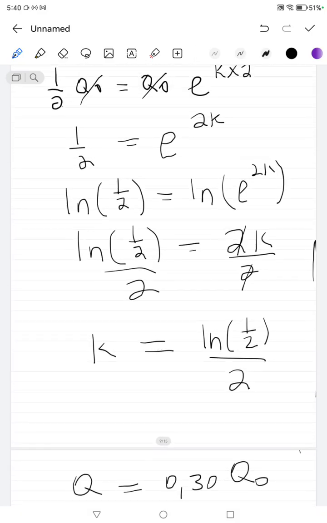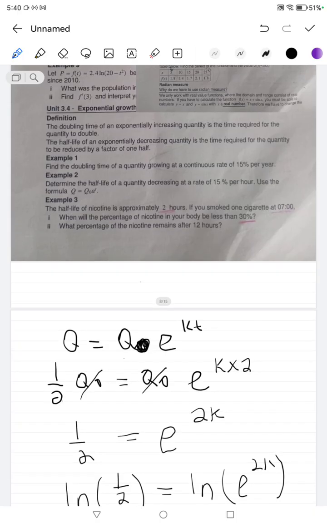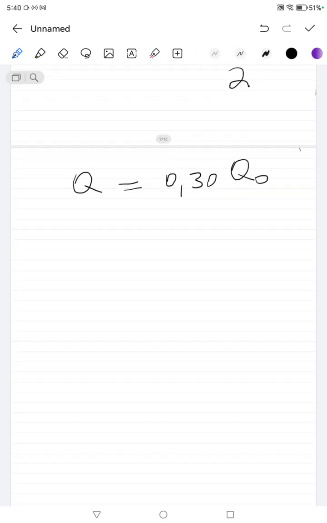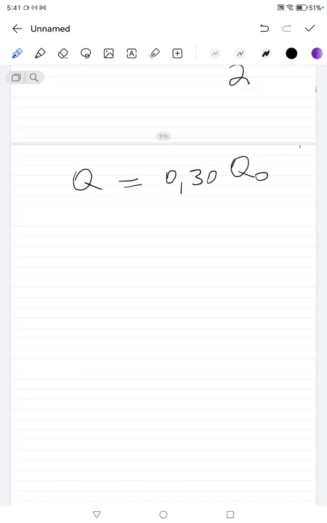According to the statement, when will the percentage of nicotine in your body be less than that 30%? So you can say you have 0.3, or 30, it's fine, and these will still be equal.